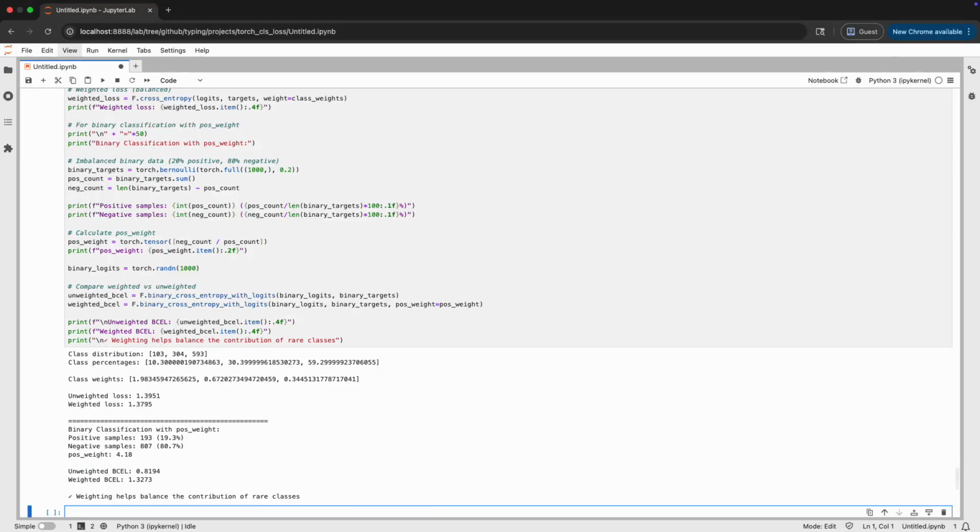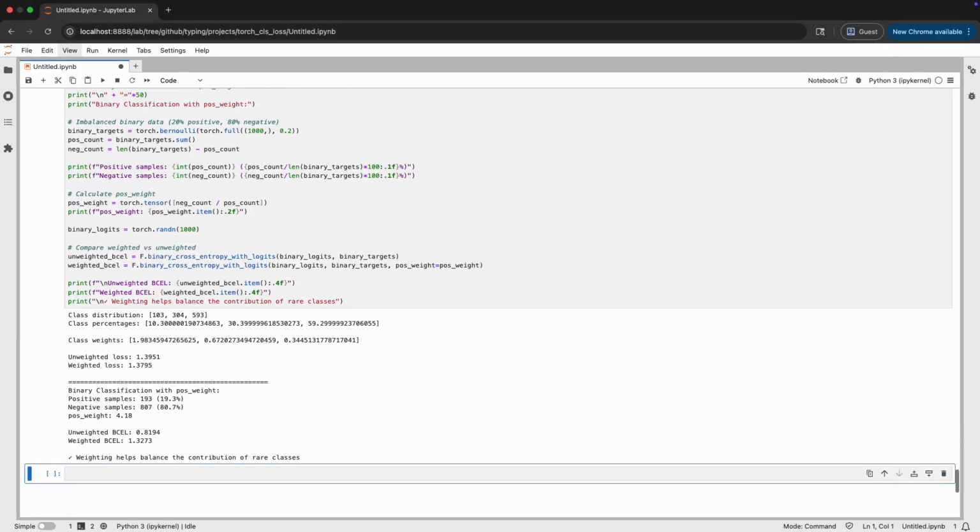Great demonstration of handling imbalance. Our dataset has a realistic imbalance distribution with class 0 at 10.3%, class 1 at 30.4%, and class 2 at 59.3%. The calculated class weights are 1.98, 0.67, and 0.34, giving more weight to the rare class.